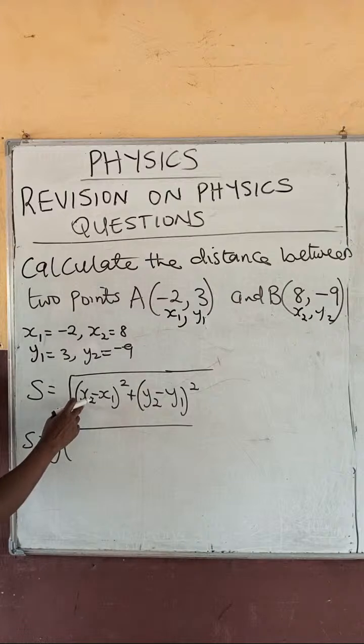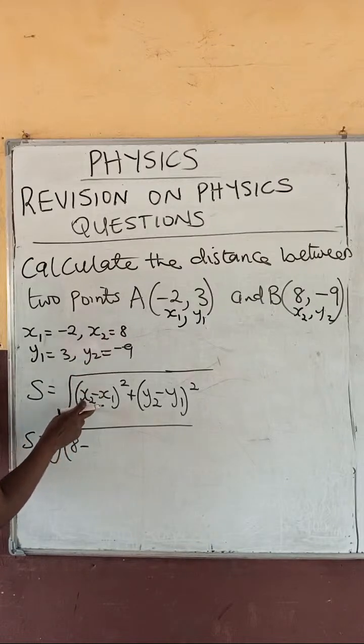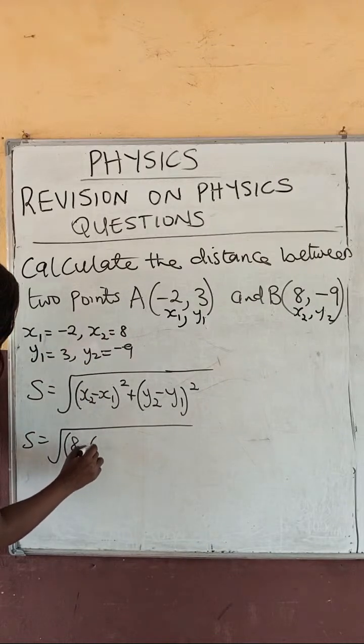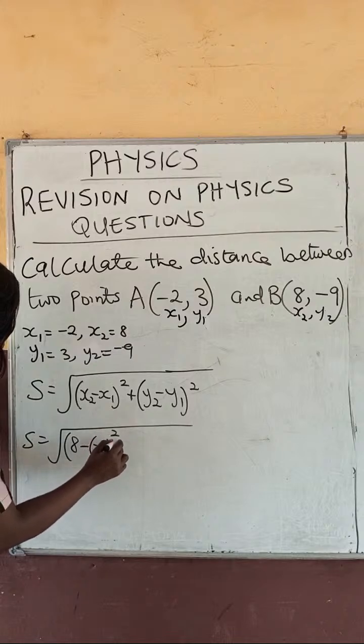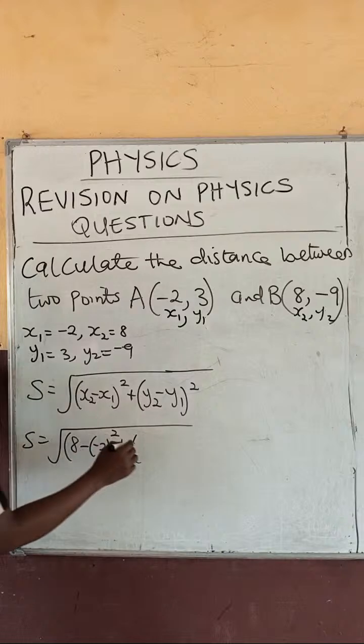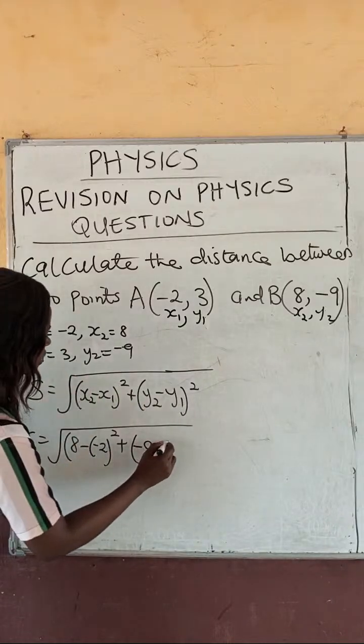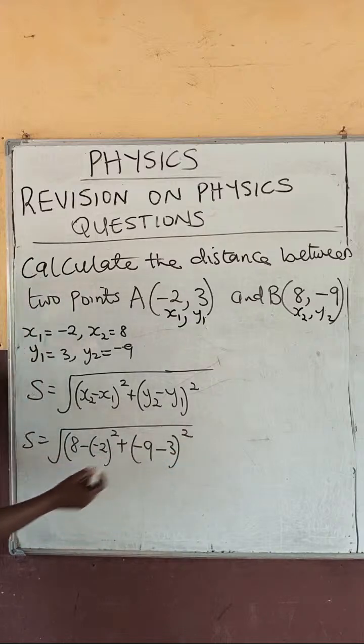So my x2 is 8 minus my x1, which is bracket minus 2, all squared, plus my y2, which is minus 9, minus my y1, which is 3, all squared.